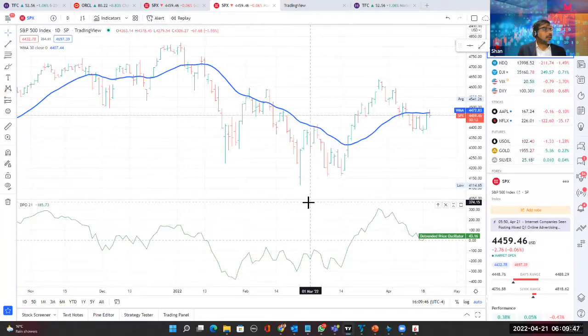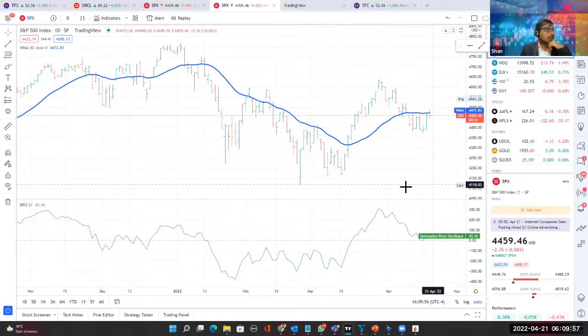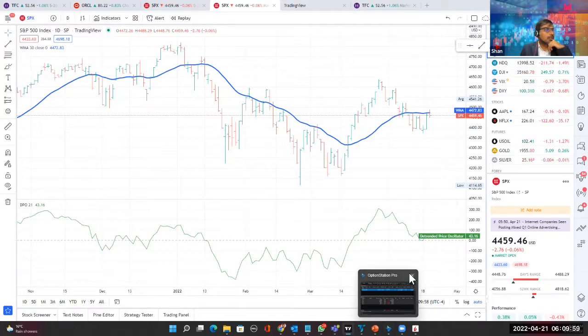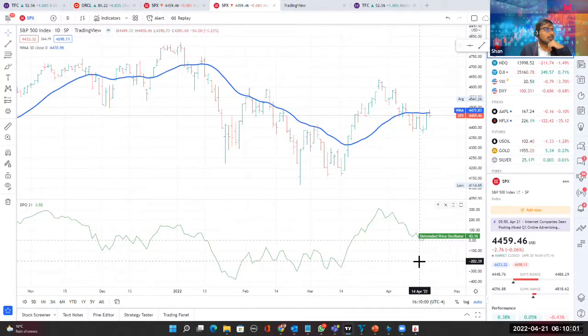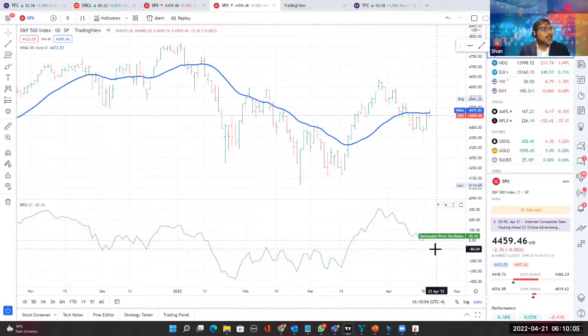The S&P 500 is just marginally down. I follow this 30 days weighted moving average for the S&P index just to start with, and then also I follow this DPO, detrended price oscillator, which is currently trading just above the zero.